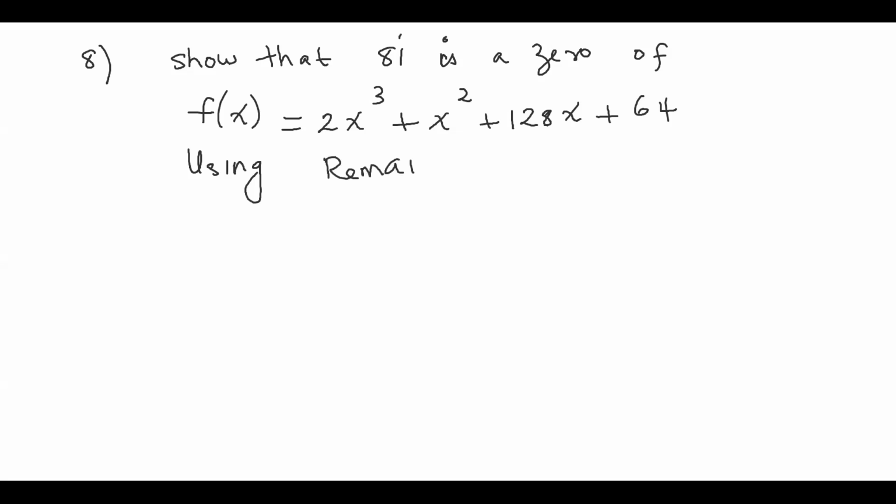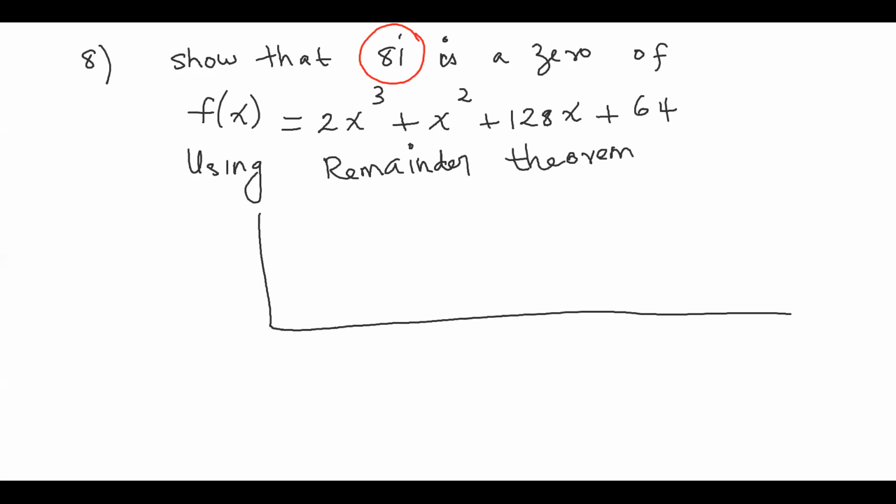So how do I prove this is the 0 of this polynomial? 0 means if you plug in 8i for x, the answer is going to be 0. So I'm going to use the remainder theorem. For remainder theorem, we have to do the synthetic division. So make sure all the powers are available here. So we are good. You put all the numbers 2, 1, 1, 28, and 64.